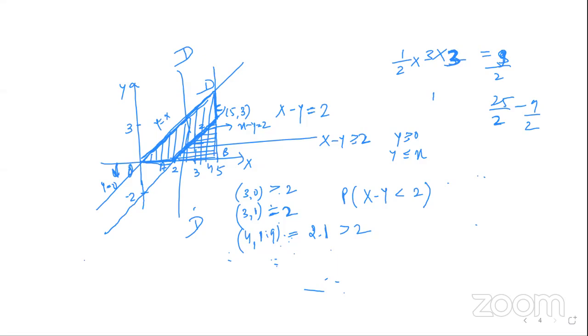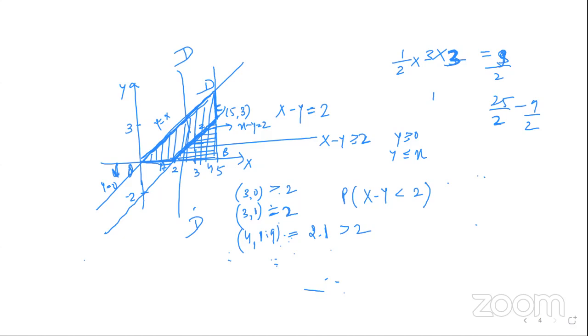So once you find the area, what is going to be the probability? A quick question: why do we need to do all the subtraction? The area of my interest is 9 by 2, the total area is 25 by 2. I can go 9 by 2 over 25 by 2 directly, since it's uniformly distributed.